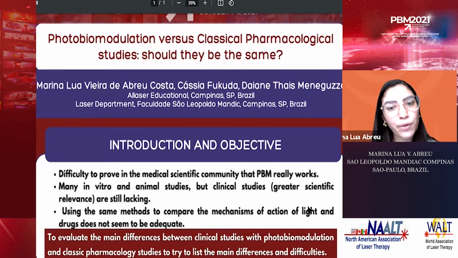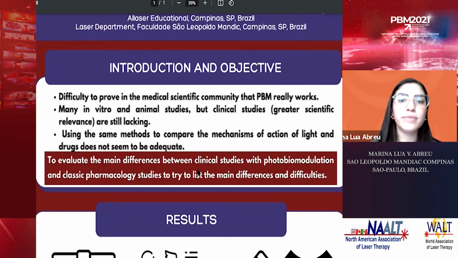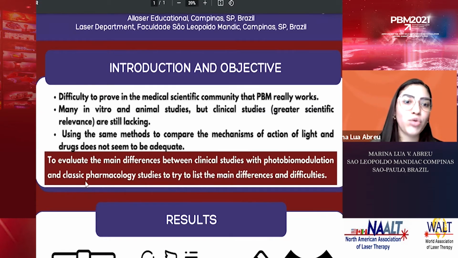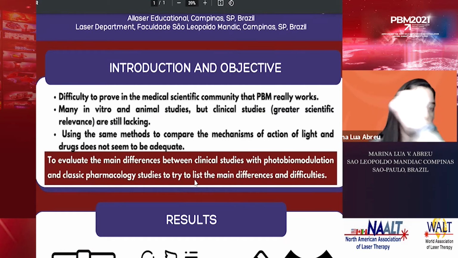And this is what we will discuss here. We're trying to evaluate the main differences between clinical studies in photobiomodulation and classical pharmacological studies, and to list the main differences and difficulties.